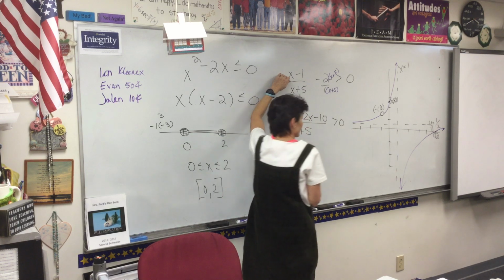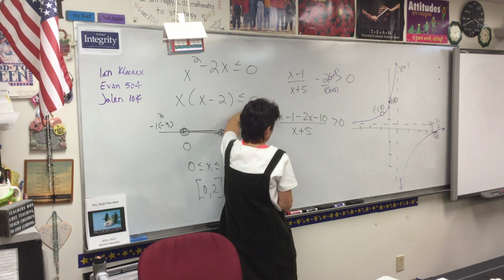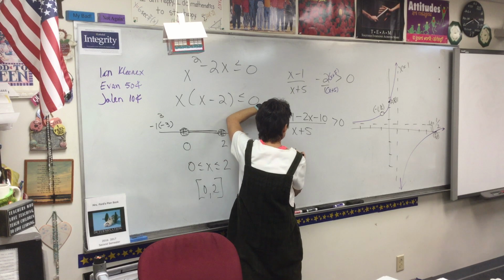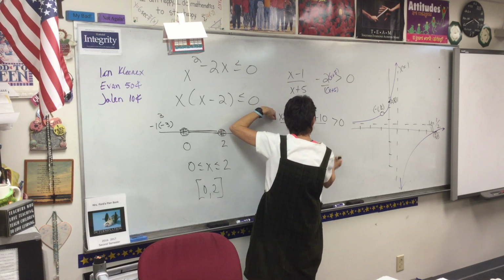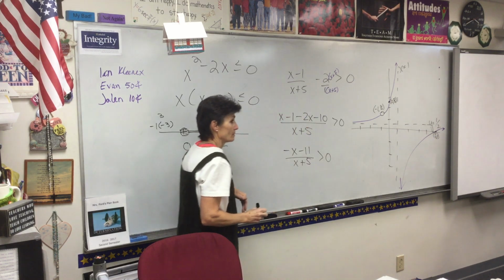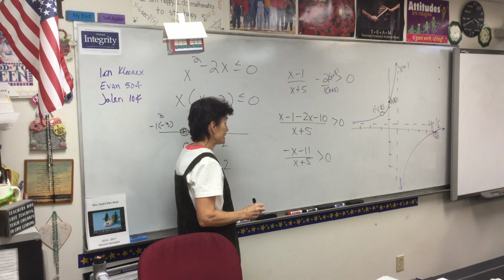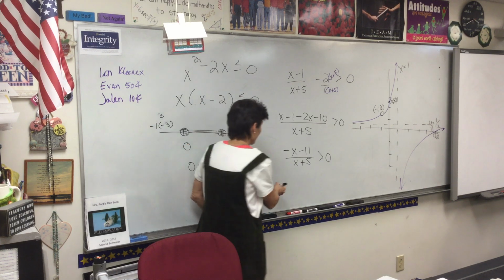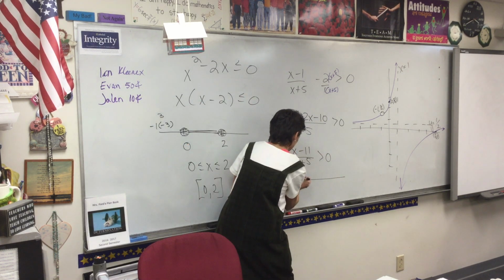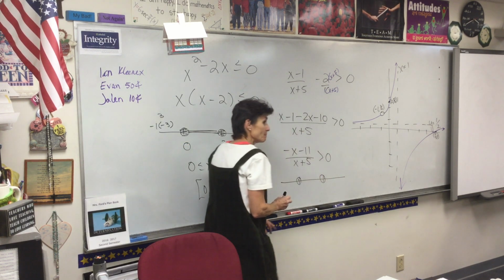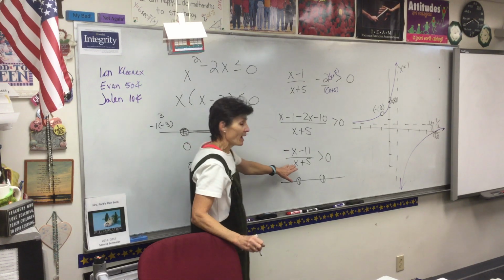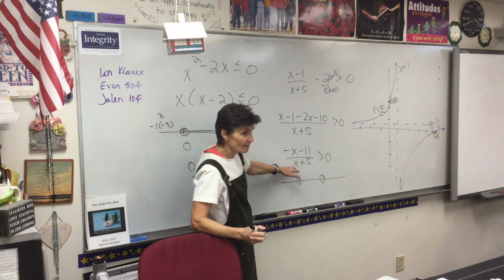Perfect. Simplifying it to -x minus 11. Still need to get that -x. I need 2 dots on my number line. There's going to be a dot from the bottom and a dot from the top. And the bottom dot is obvious, -5.